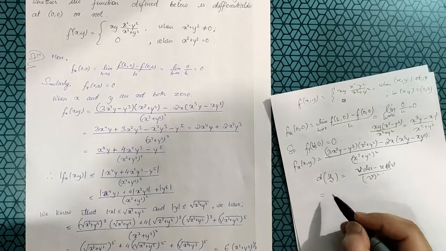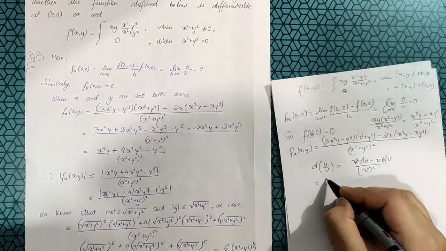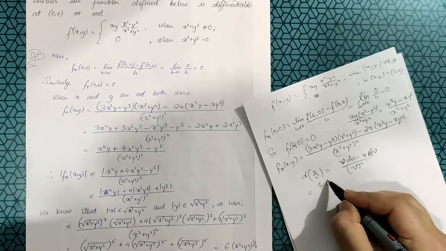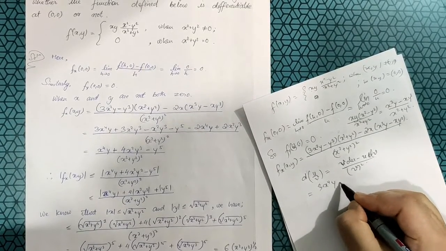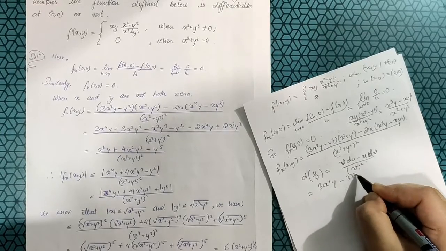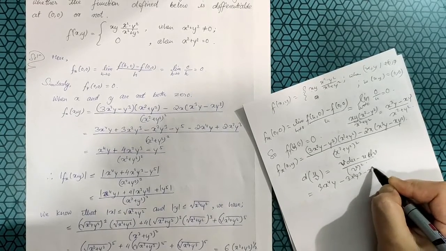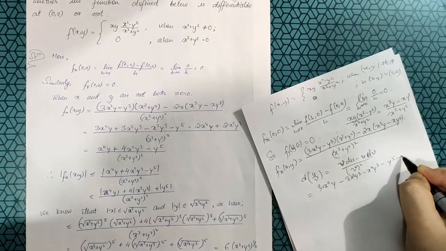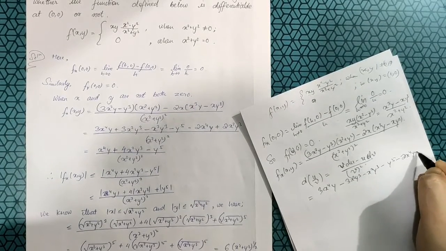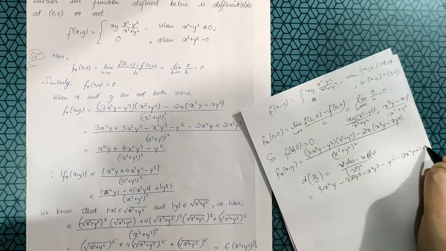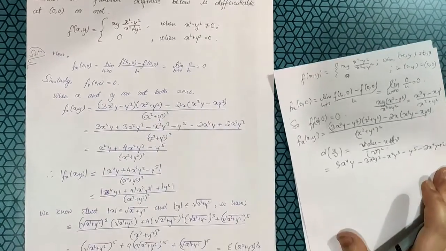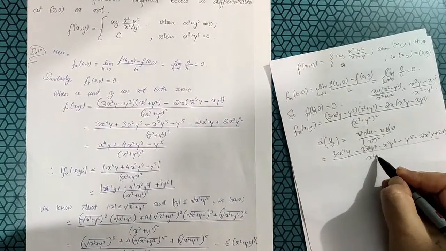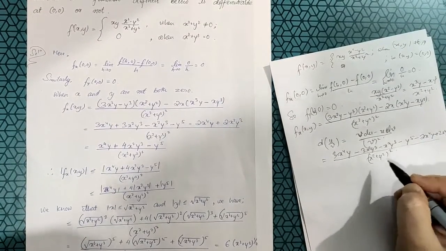So after multiplying, what we get is x to the power 4 y minus 3x square y cube minus x square y cube minus y to the power 5 minus 2x to the power 4 y plus 2x square y cube, whole divided by x square plus y square whole square.